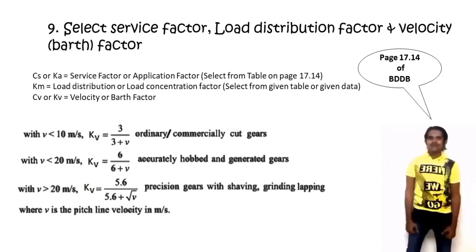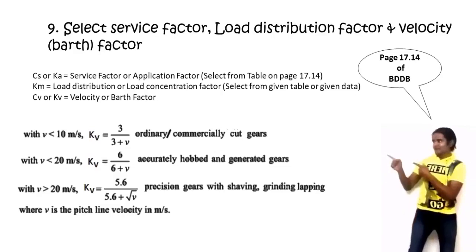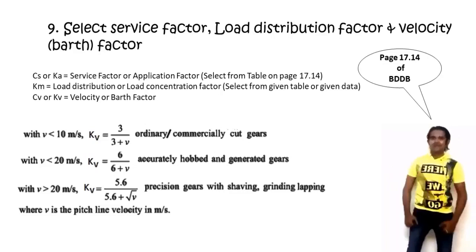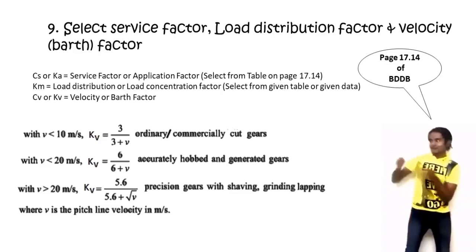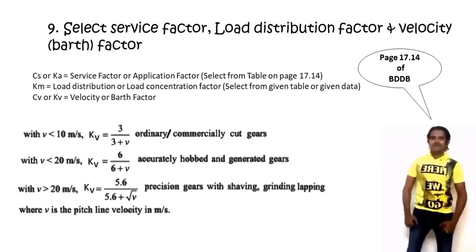And if the velocity is greater than 20 meter per second, then kV is 5.6 upon 5.6 plus under root V, where V is the pitch line velocity in meter per second. And you know how to calculate V: V is pi dp np upon 60,000. That is the formula given in step number 8, which I have explained to you.